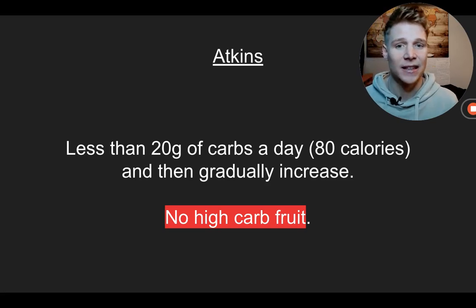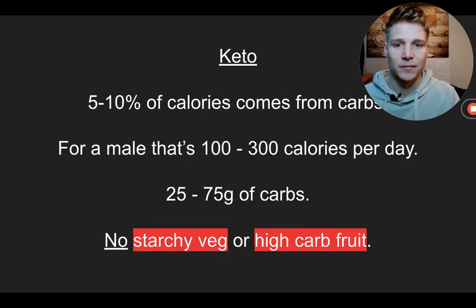And one thing that's omitted from the Atkins is high carbohydrate fruit. And I'll explain a bit later the differences between which fruits are high carb and low carb, and also which vegetables are starchy and non-starchy, because that's a common difference as well.